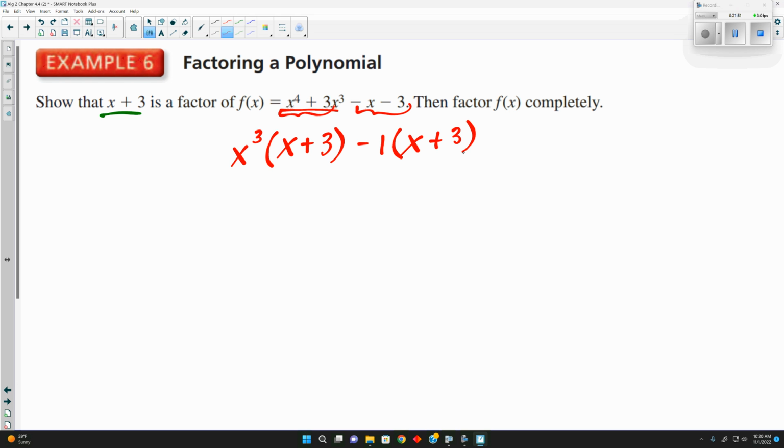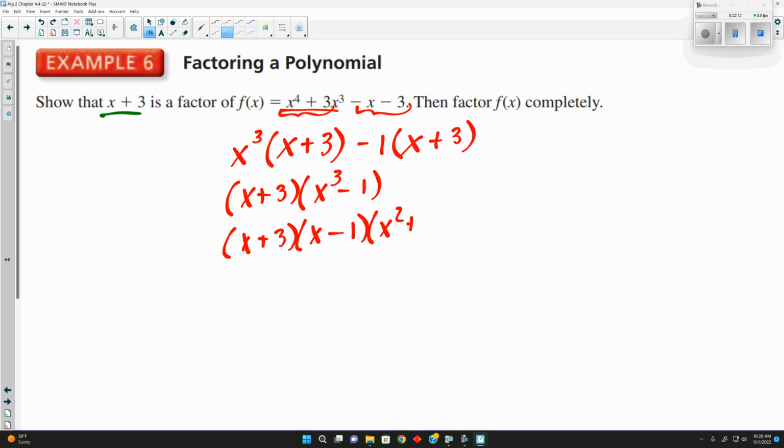So grouping, both of these now have an x plus 3 in common, so we can factor it out, which leaves us with what? X cubed minus 1, which then we can take from there to say that this is x minus 1 times x squared plus x plus 1, essentially what we did. Different ways to get there.